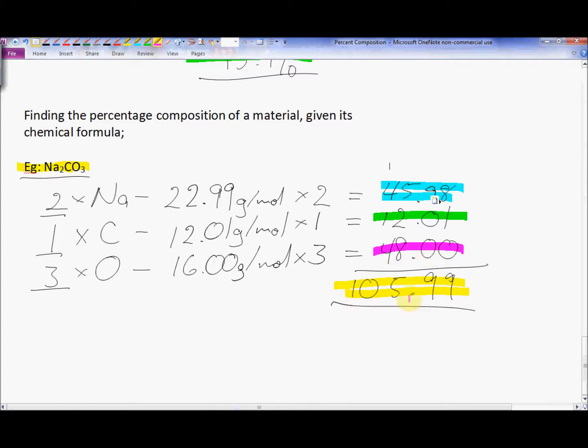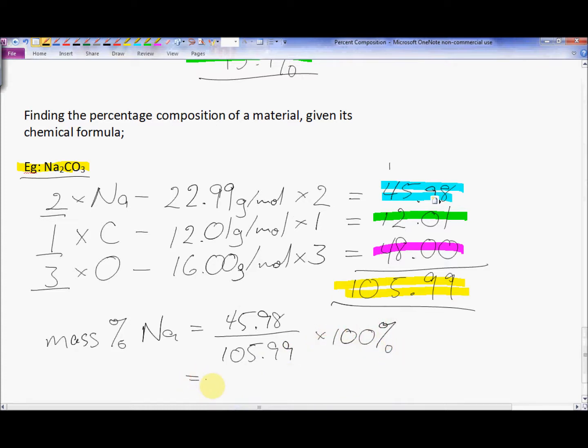So let's do all those things now. So the mass percent sodium can be equal to 45.98 divided by 105.99. Okay, and that comes out to 43.4%.